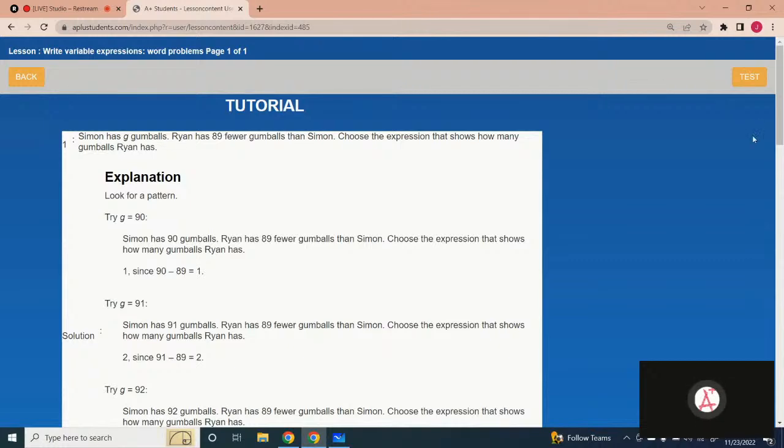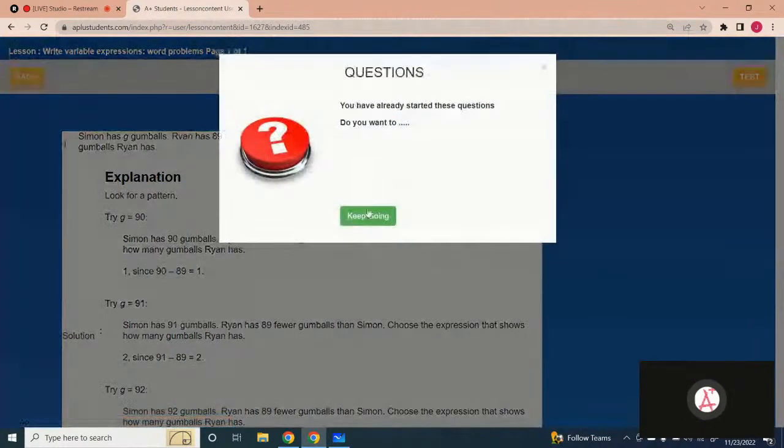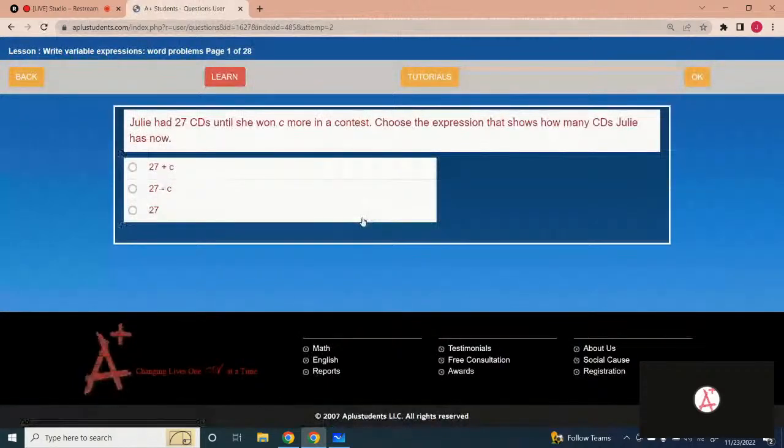Okay, let's start with the test because we are not given the options in the tutorial. Okay, Julie had 27 series until she won C more in a contest. Choose the expressions that show how many series Julie has now. So C more, 27 she already has, and now C more. So which option is the correct one? First, second, or third?